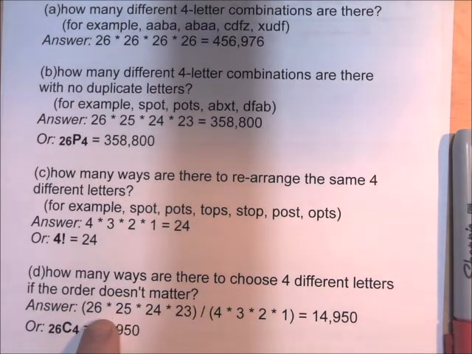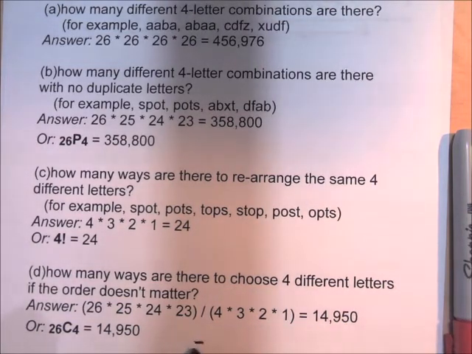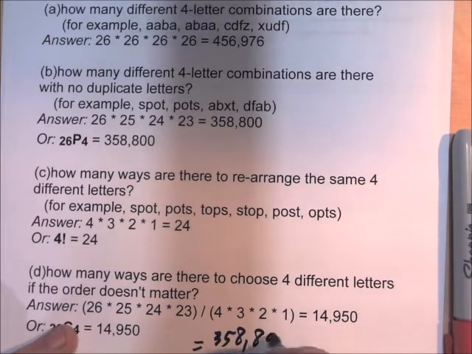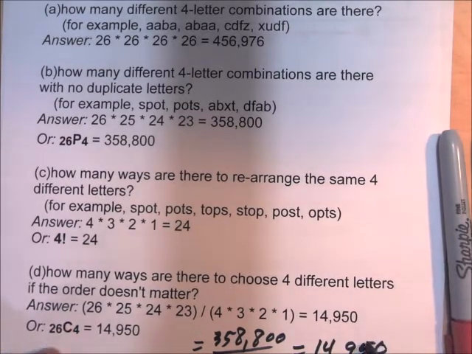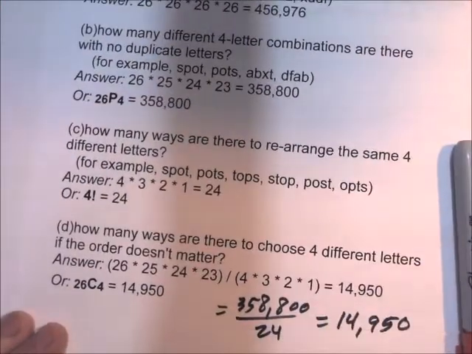So we already computed the number of different 4-letter combinations where the order does matter, and if we divide by the number of ways of rearranging these 4 letters, then we'll get 358,800 divided by 4 times 3 times 2 times 1, which is 24, and you get 14,950. And that could also be written as 26 choose 4.